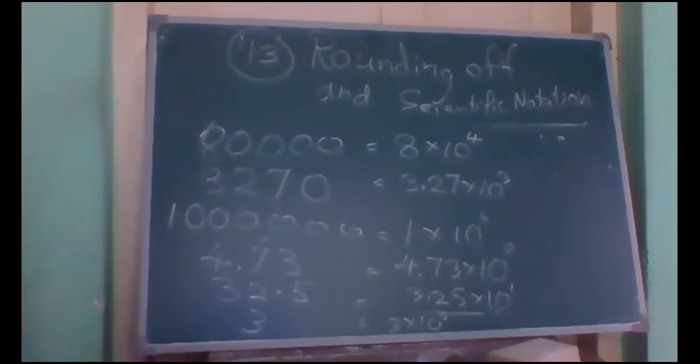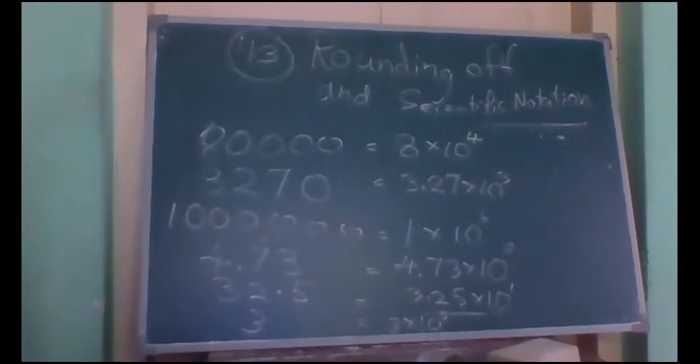Decimal numbers we have to write in scientific notation. How to do it? Decimal numbers mean less than 1 but greater than zero. There are a lot of numbers, thousands, millions of numbers. Now we can write them as well, right?